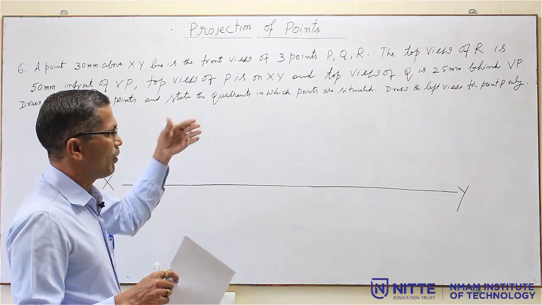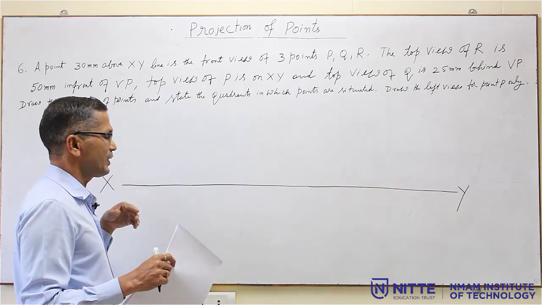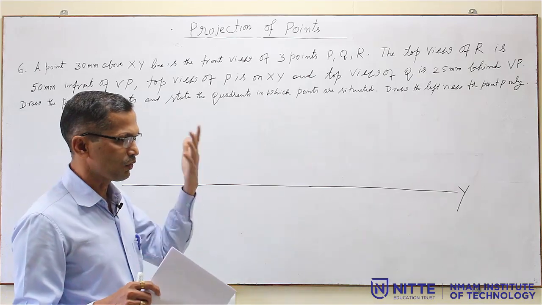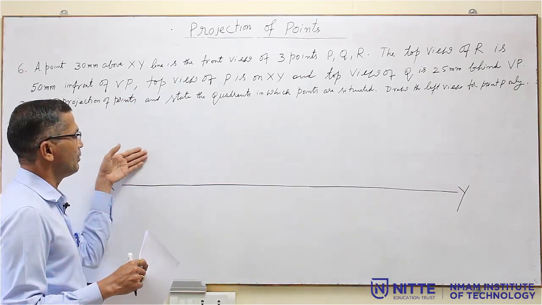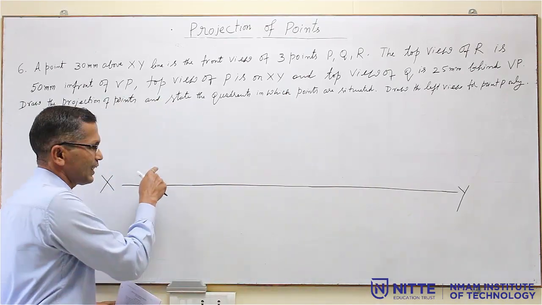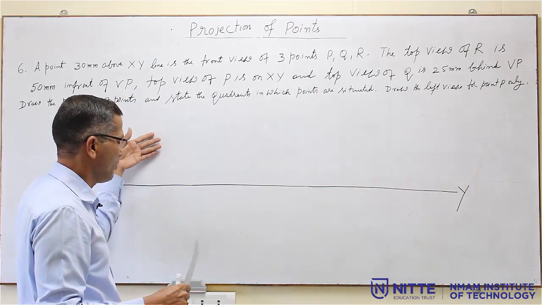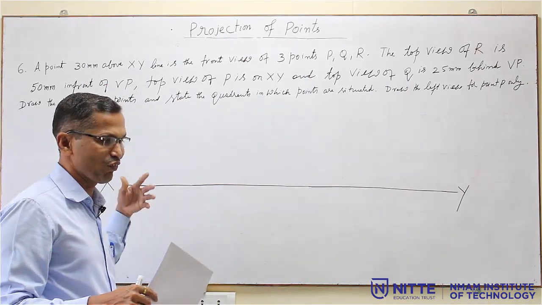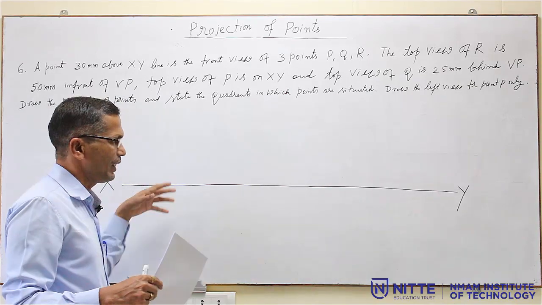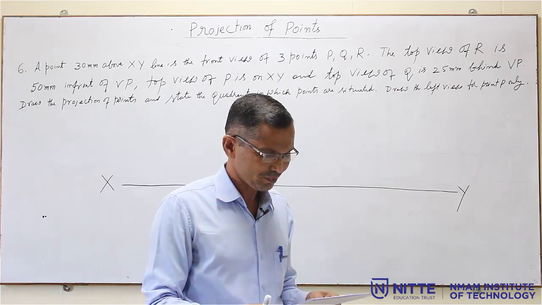Or if the point belongs to fourth quadrant, you have to assume that both VP and HP are below the line. Or if the point belongs to third quadrant, then this becomes HP and this becomes VP. So, no need of writing physically. Mentally you have to assume that above the xy line is VP and below the xy line is HP if it is first quadrant. If it is third quadrant, this is HP, this is VP, like that. You have to think and go on solving individual points.